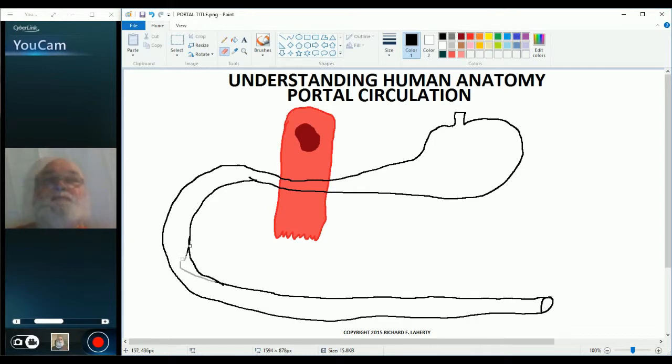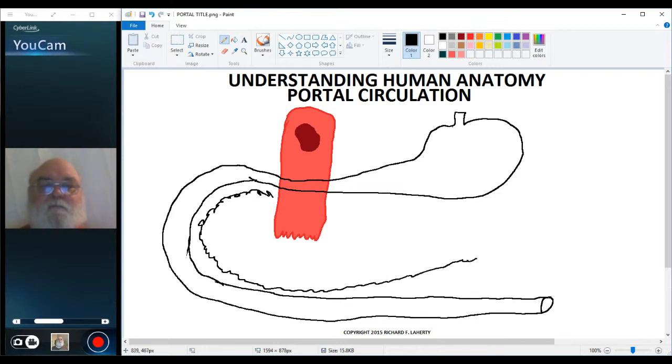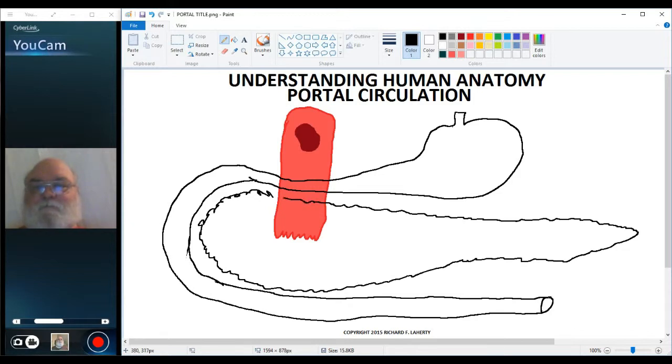I'll clean this up a little bit. Now, I also want to draw in the pancreas. So we'll start up here with the head of the pancreas, move down around the body and the tail. Like so.